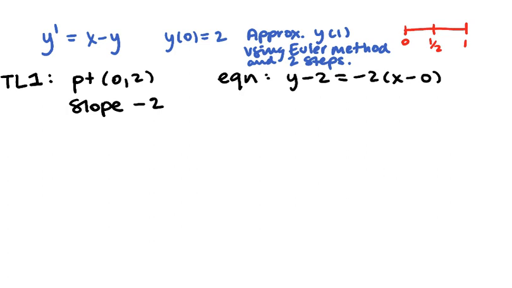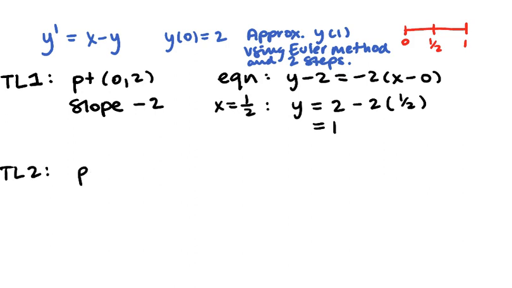I'm going to add 2 to both sides, so y is 2 minus 2 times 1/2 minus 0. So 2 minus 1 is equal to 1. So now my new point is x equals 1/2, y equals 1.